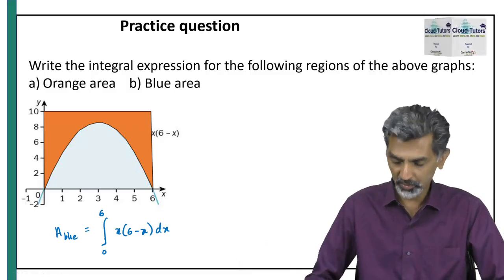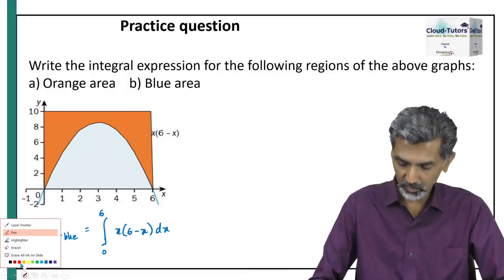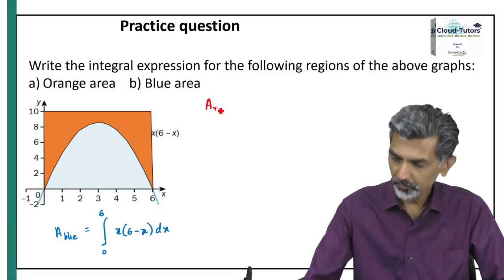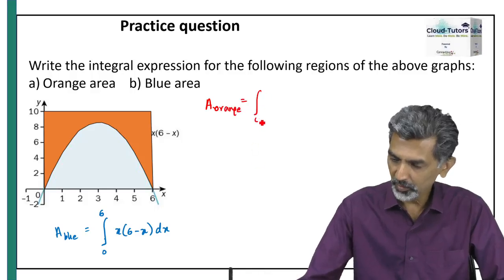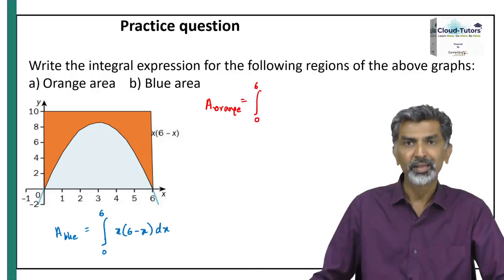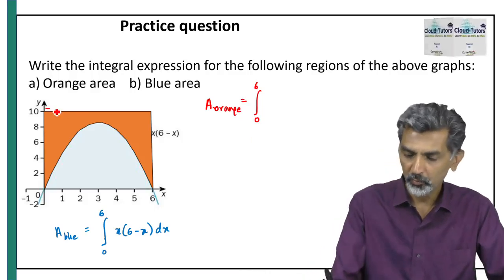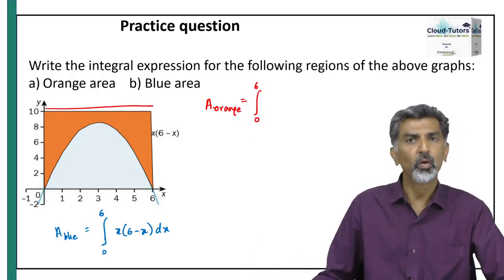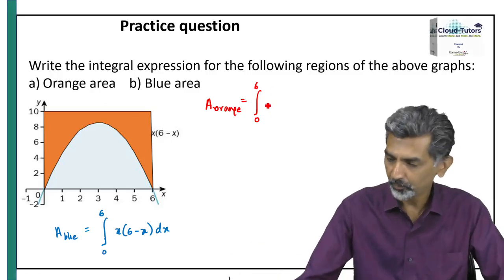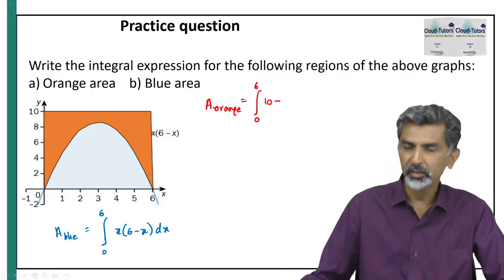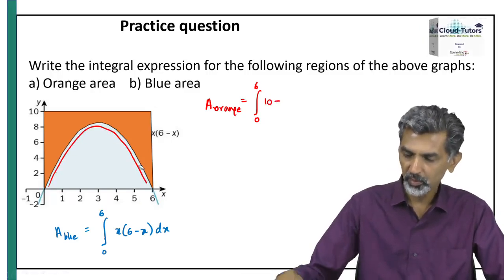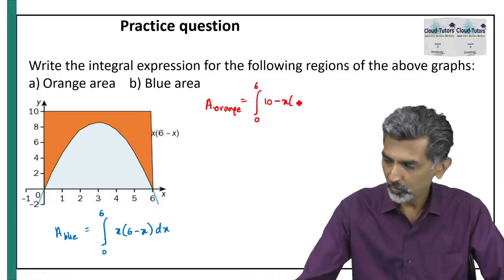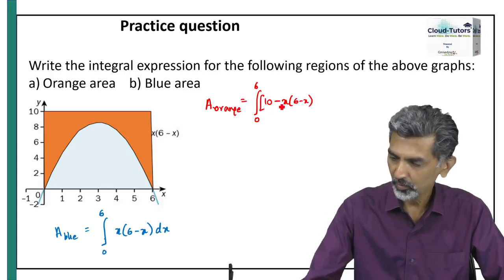What about the area shaded in orange? Well, the limits of integration are the same, 0 to 6. The upper boundary for the orange region is the horizontal line y is equal to 10, and the lower boundary for the orange area is this function here, which is x into 6 minus x.